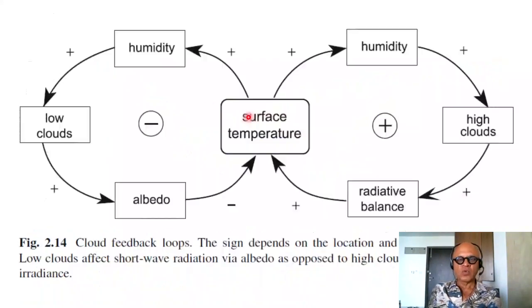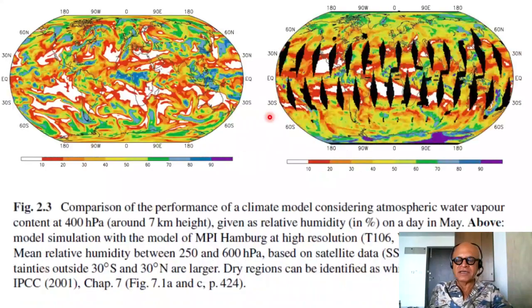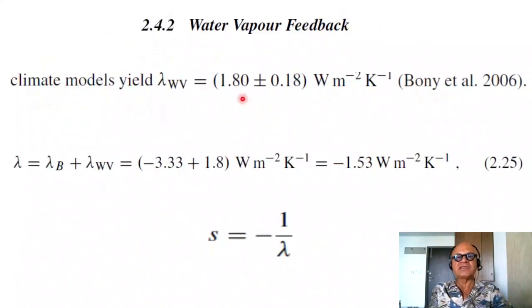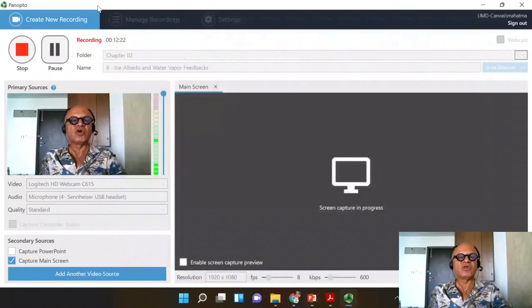So water vapor feedback is a critical feedback, and from this experiment you can go back and say that the value that's being estimated by the models is quite reasonable in terms of explaining volcanic impacts, for example. So this tells us that models are doing a reasonable job of representing water vapor feedbacks, and the model estimate of 1.80 with some uncertainty watts per meter squared per Kelvin can be taken as a good estimate of water vapor feedback.